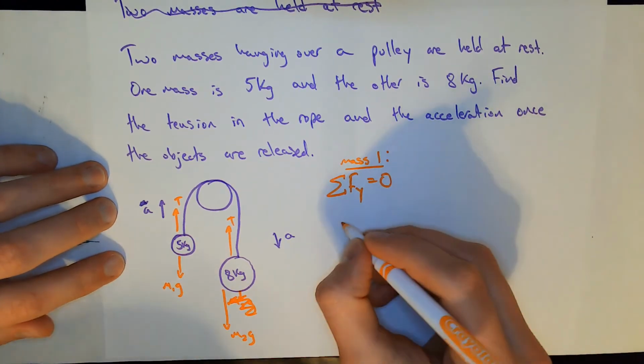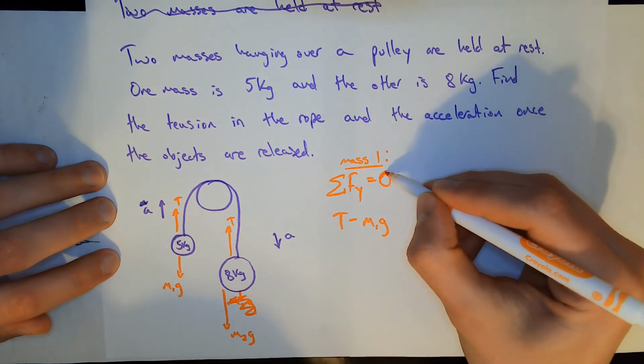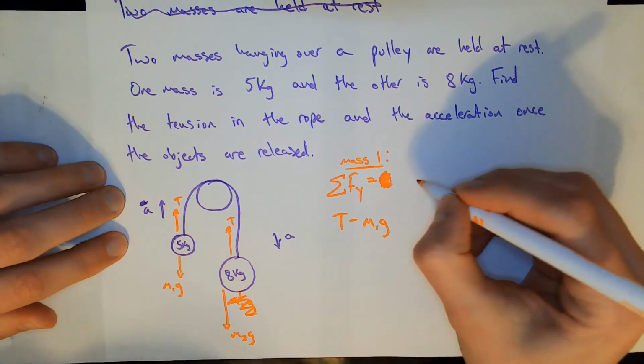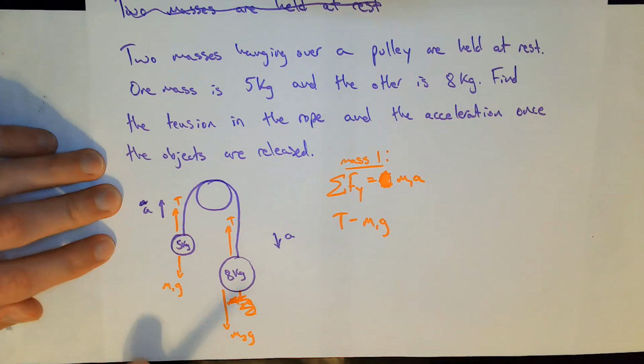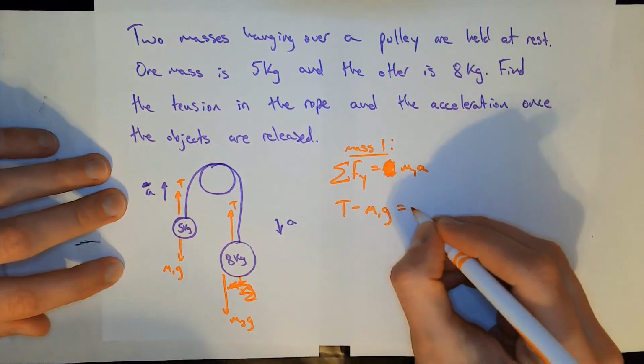Right, I have T minus M1G, no, it's not 0, sorry. It's M1A, because there is an overall acceleration up. So this is equal to M1A.